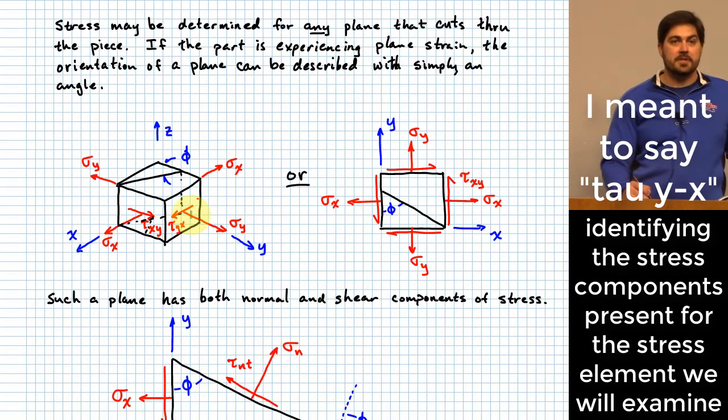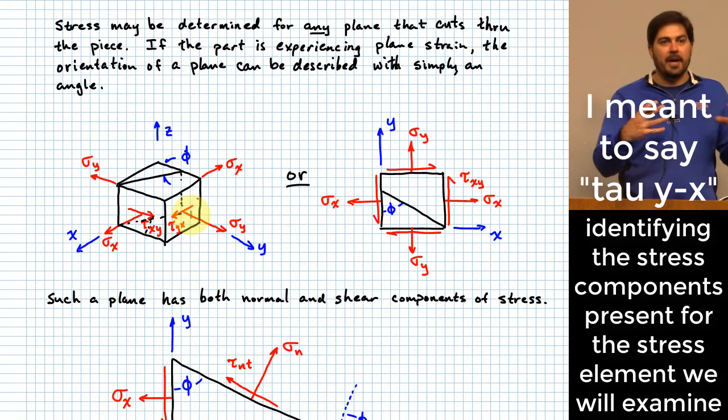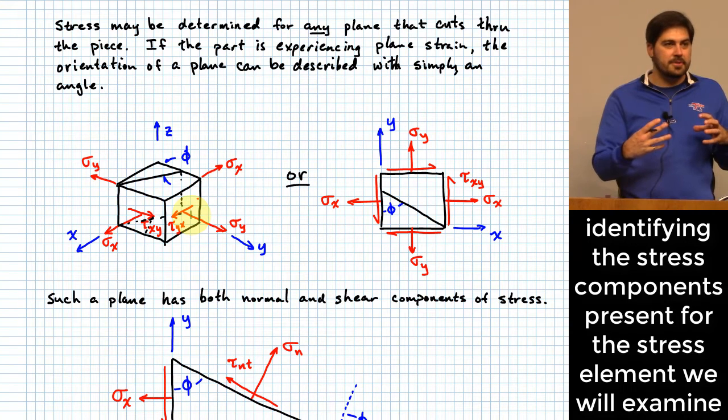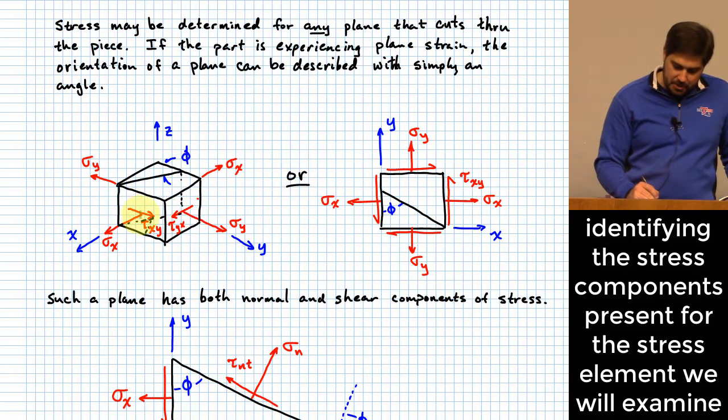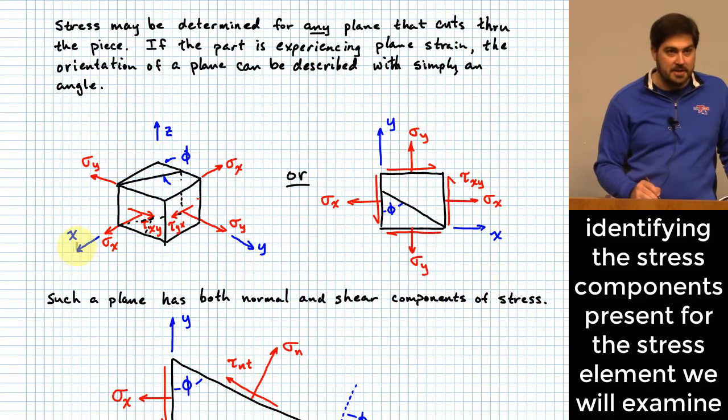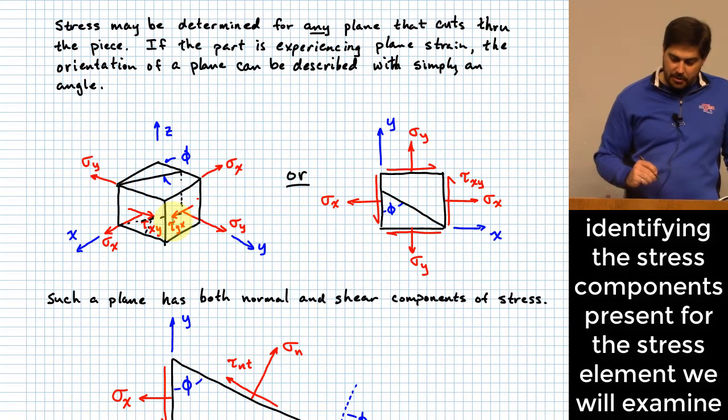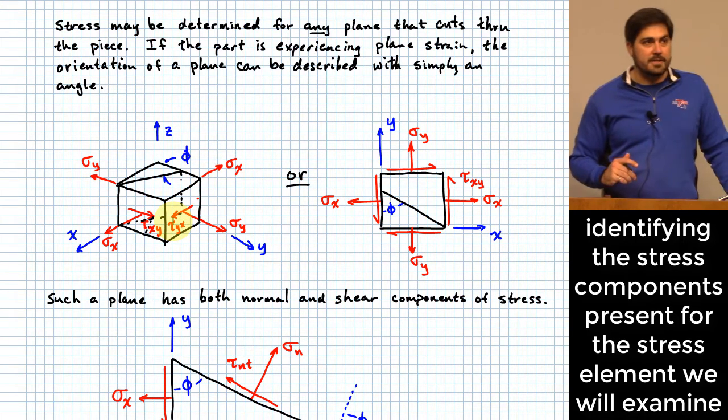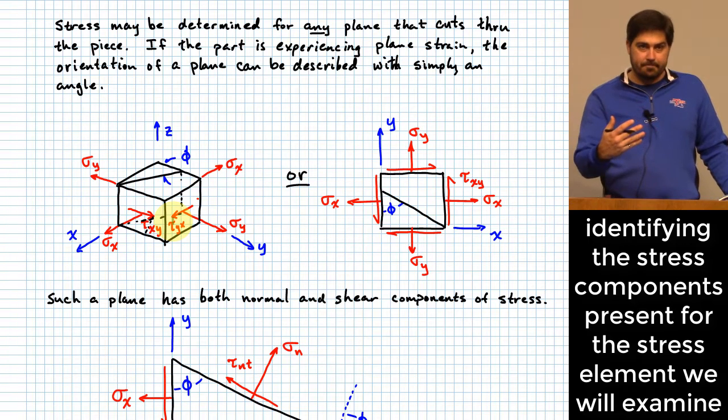There are some texts where they actually split that up, and they might talk about those as 2 different values. We're not going to do that. So we're going to just assume that any shearing stress I have on, say, the surface of the cube where the x-axis points out, is going to be the same as the shearing stress on the side of the cube where the y-axis points out.